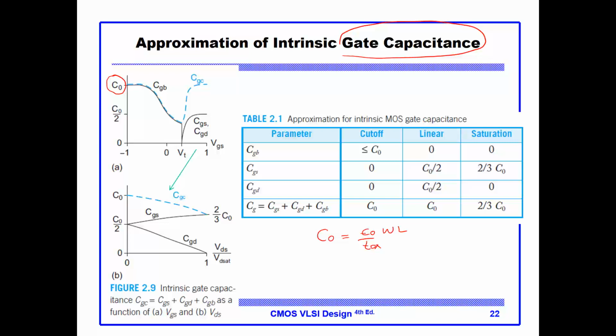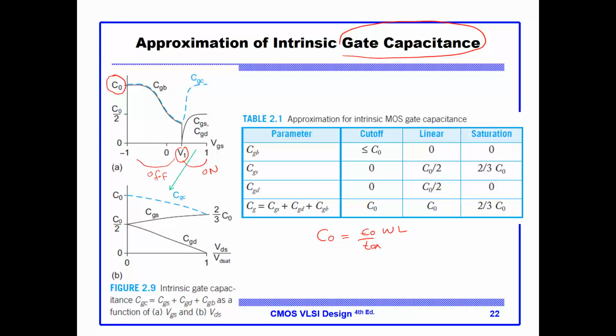That's the maximum value. As we vary VGS, we are between the off and on states of the device. If VGS is less than VT, then the device is in the off state, and if we are above VT, then the device is in the on state.